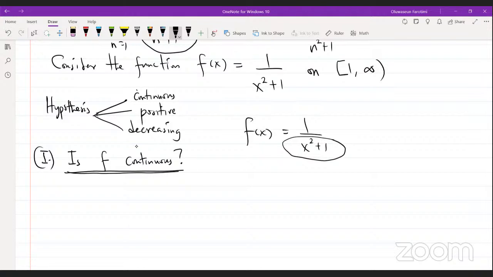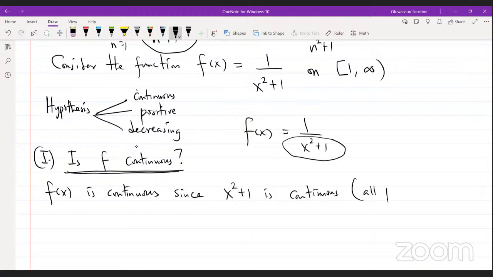Good. Now that's what you have on the bottom. So let's start by saying that f of x is continuous since x squared plus 1 is continuous. Why? All polynomials are continuous on the set of reals.